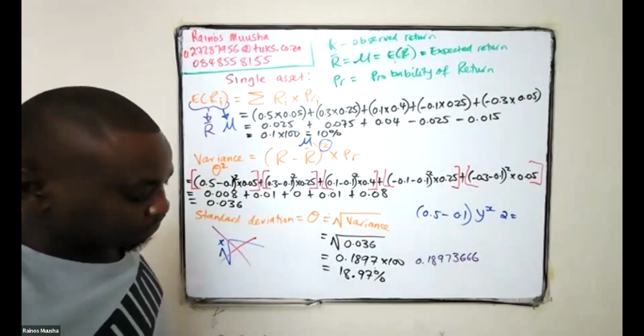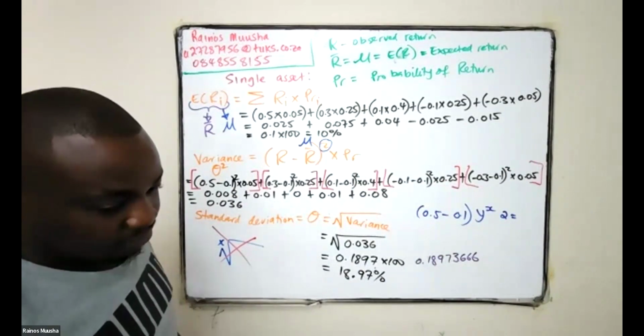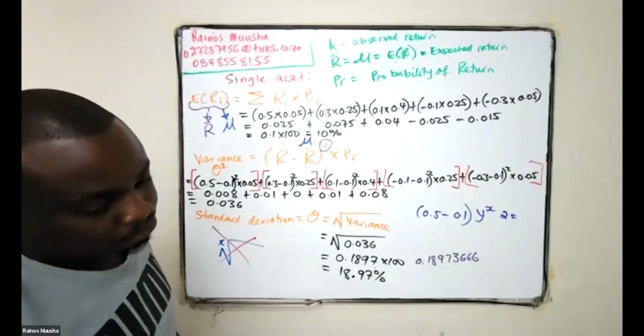So you'll be getting this figure, right? So that's when you're rounding it off to 8 decimal places. Are we on the same page?